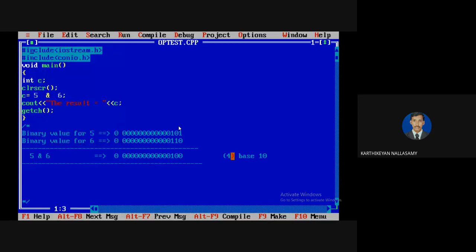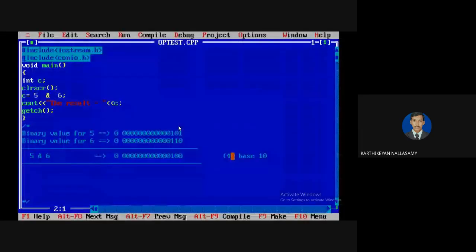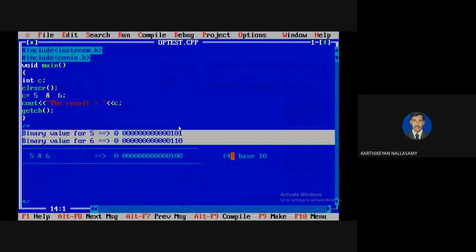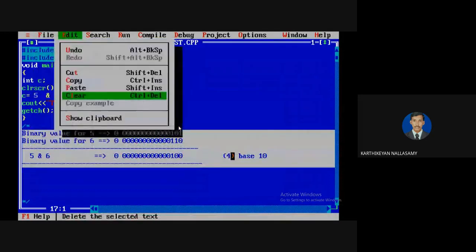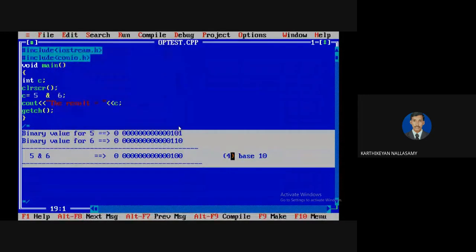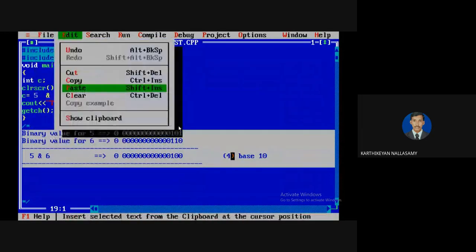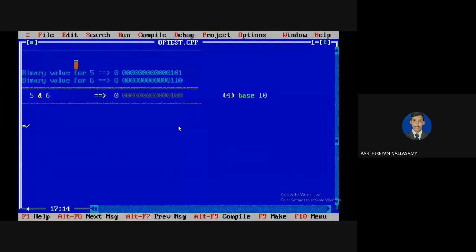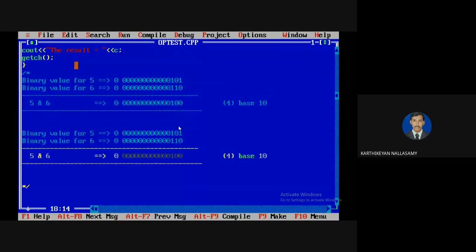Now I'm going to run. It is a 4. In case I'm going to apply the concept of the OR operator, the same representation.